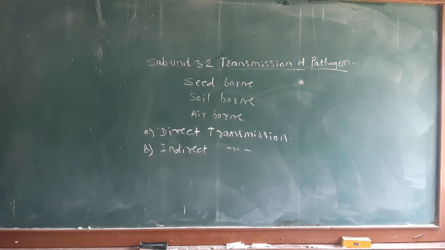Then zoochory, zoo means animal and chory means transmission. The transmission of plant pathogen through the animals is called zoochory. And anthropochory, anthropo means the man or human beings and chory means transmission. Here the dispersal of plant pathogen through the human beings is called anthropochory.